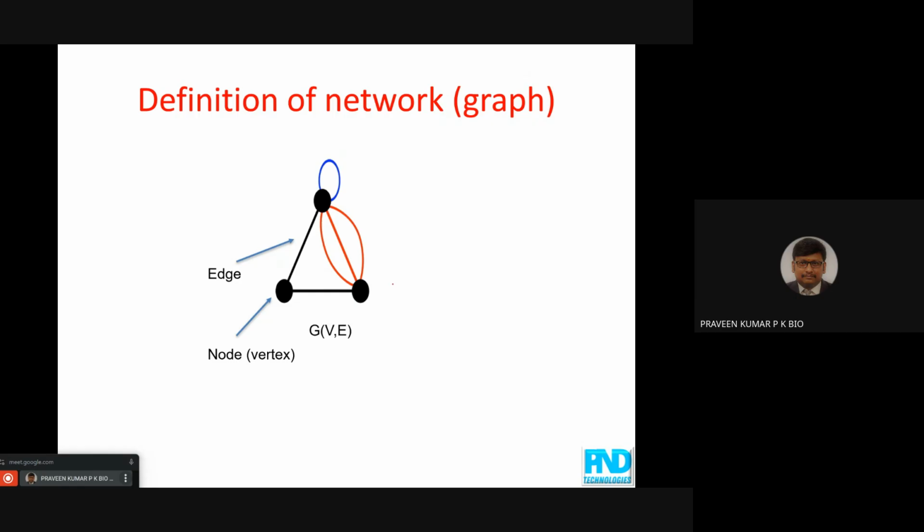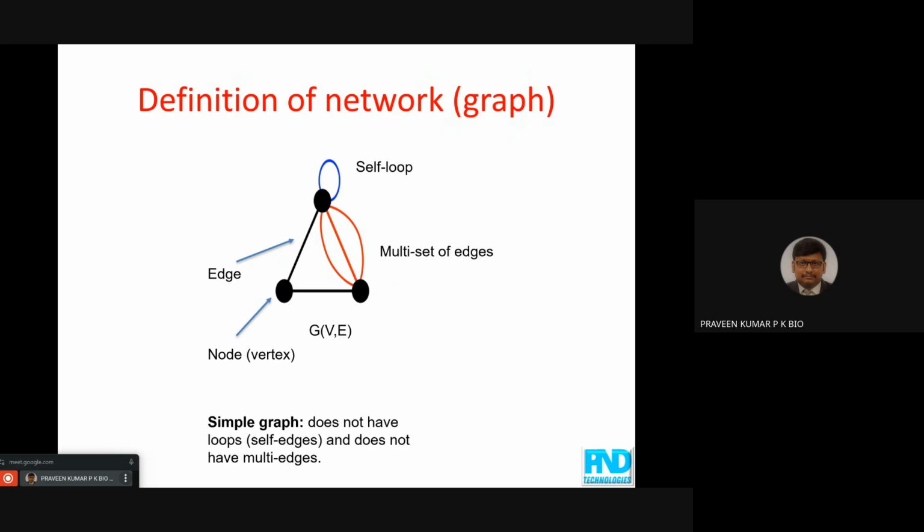Now, how are these networks created? Related to this, a small theory is mentioned here. In this picture, there are three nodes: first node, second node, and third node. If it is a gene-gene interaction network, the nodes are genes. If it is a protein-protein interaction network, the nodes are proteins.